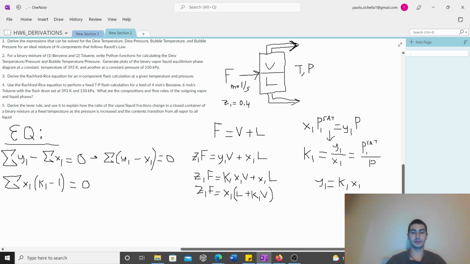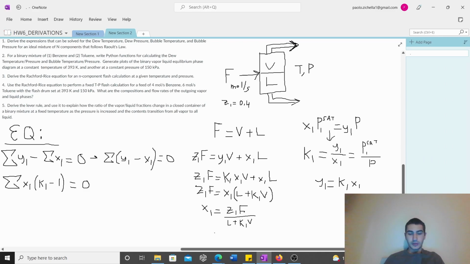This is what we'd have. Then we can go ahead and divide this out. We'll divide the left side by L plus Ki V, so that we finally get xi is equal to zi multiplied by F, all over L plus Ki V, right?